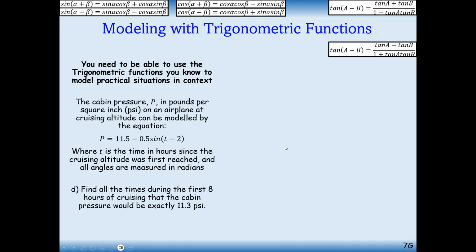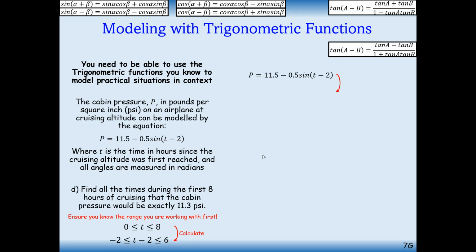Part D of the problem is asking us to find all times during the first 8 hours of the cruise that the cabin pressure will be exactly 11.3. Okay, so first of all we have to make sure that our range of t is between 0 and 8. And then what we have to do is adjust the range. In our equation here we have t minus 2, so we take 2 away from both sides of this inequality.